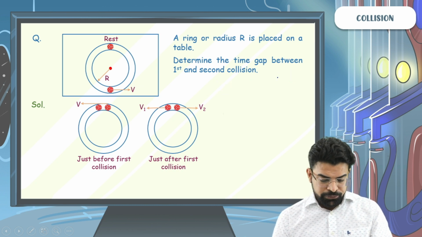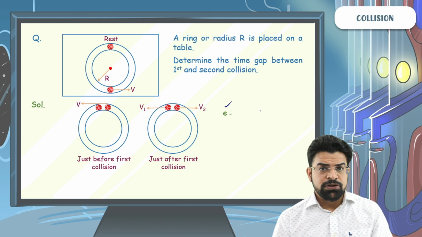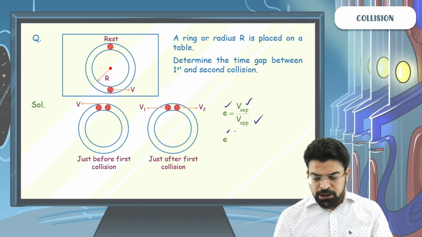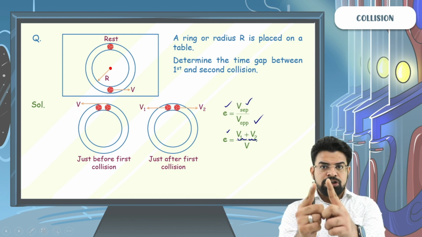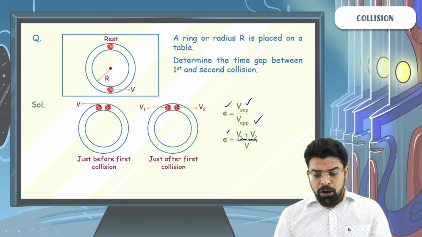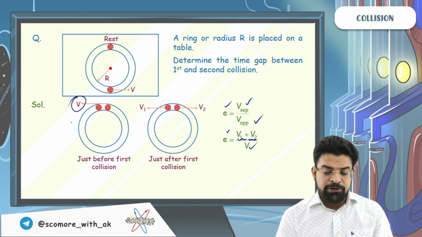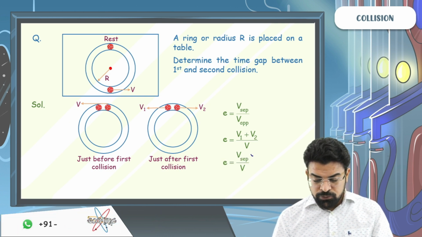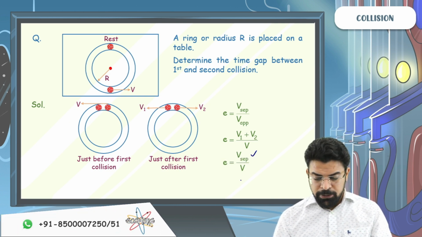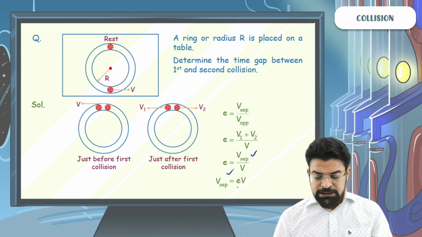Now, we know that coefficient of restitution equals velocity of separation upon velocity of approach. Velocity of separation is v1 plus v2, both having velocity in opposite directions, upon the velocity of approach, which is simply v. So we can say that e equals velocity of separation by v, or velocity of separation is ev.